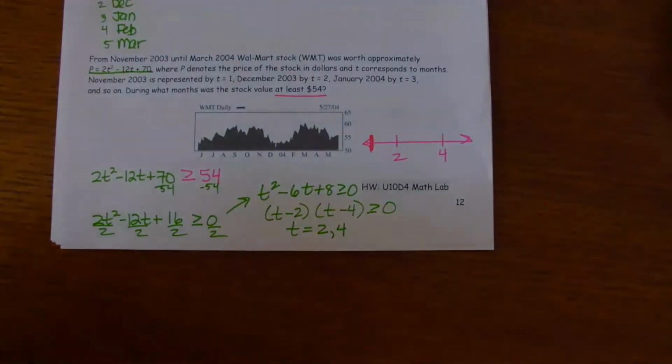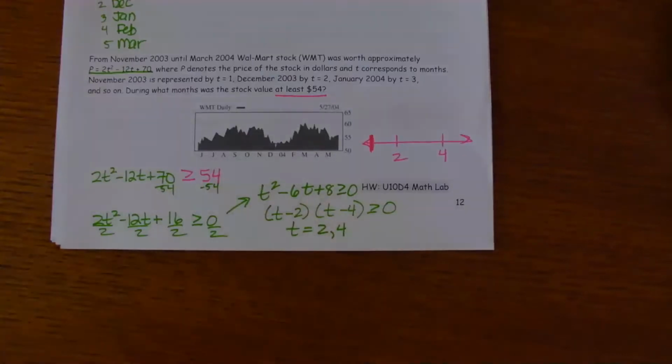When we do real world problems and we try to model things like stock prices with an equation, that equation is not good forever. It may be for a block of time. Are you guessing that Walmart has a different profit equation in the fall than they do in the summer or the spring? Yes. What happens in the fall? Christmas rolls around. What happens to Walmart during the Christmas season? People are spending money, right?